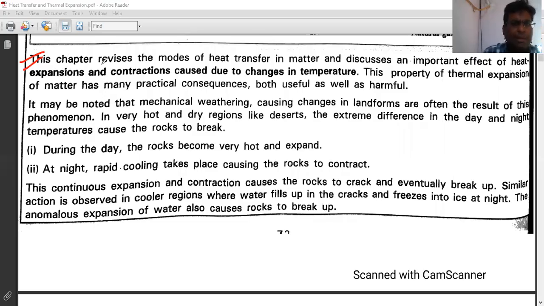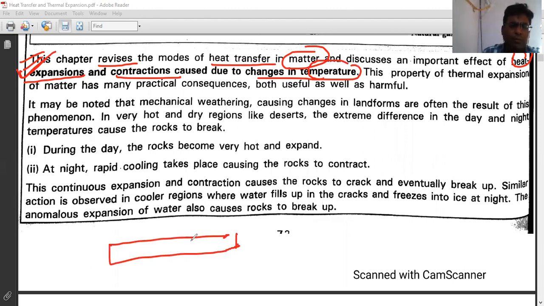This chapter revises the modes of heat transfer in matter and discusses an important effect of heat: expansion and contraction caused by a change in temperature. Due to heat transfer, you can expand matter and also contract matter due to a change in temperature, right? Suppose there is an iron rod of length L equal to 1 meter.